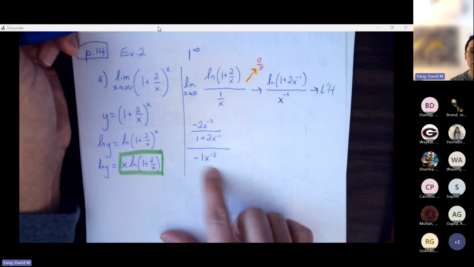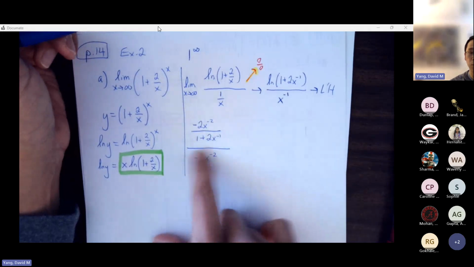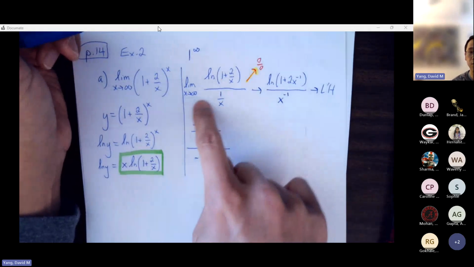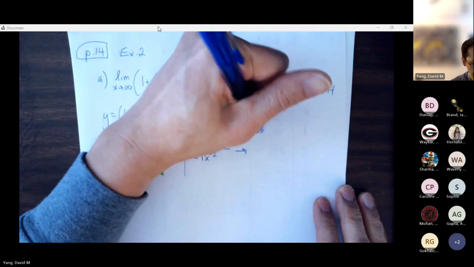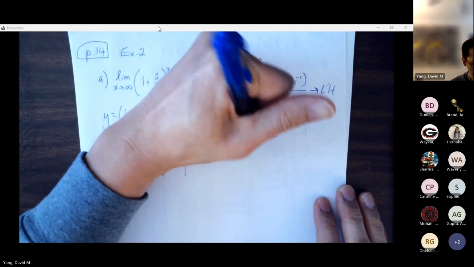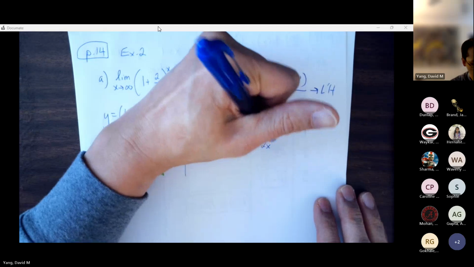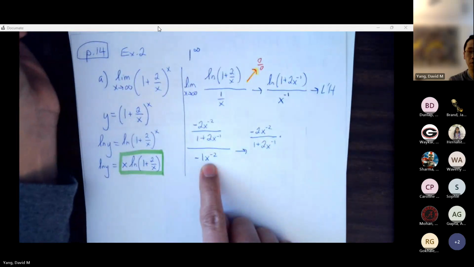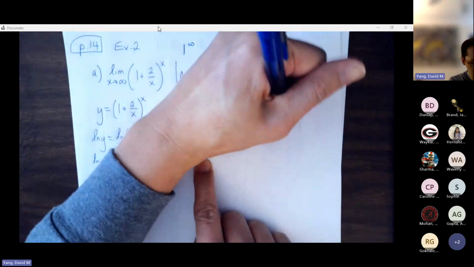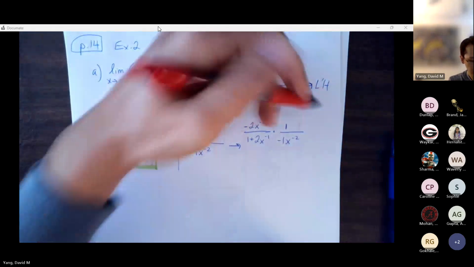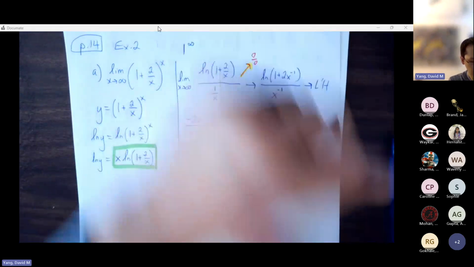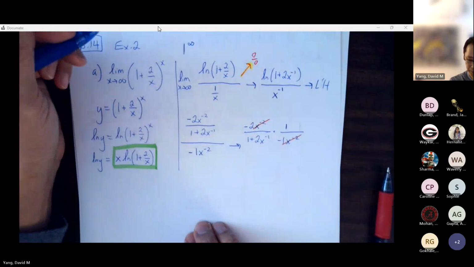Okay, so this is our derivative. We're going to try to reevaluate and see if we can get a real number out of this. Let me clean this up a little bit. Dividing by this is the same thing as multiplying by the reciprocal. So this cleans up. The x to negative 2 cancels out.